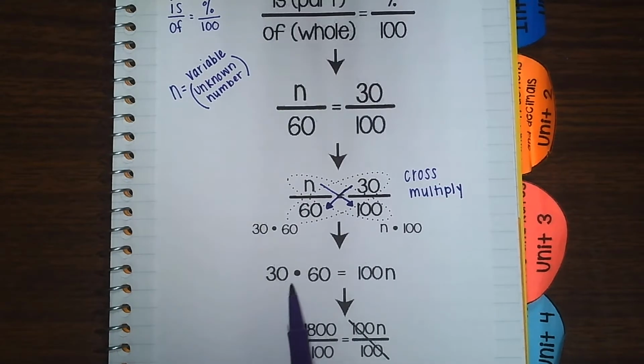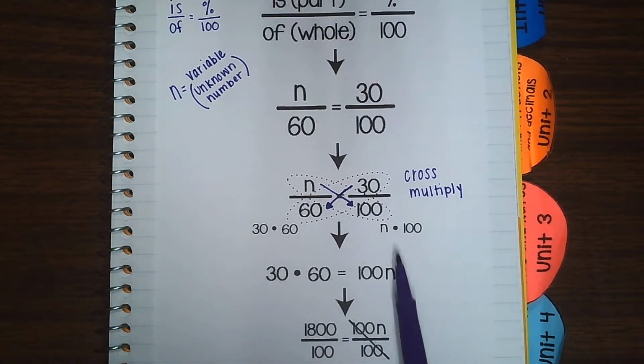So then they've written it out again. 30 times 60 equals 100 times n. Well, anytime you multiply a number and a variable, you just put them side by side. A number and a variable side by side means that they're being multiplied.